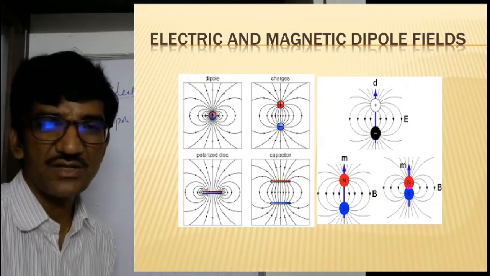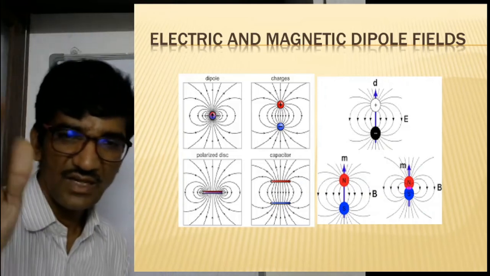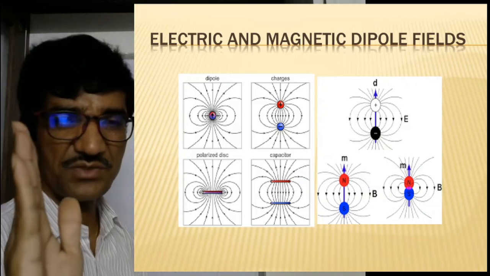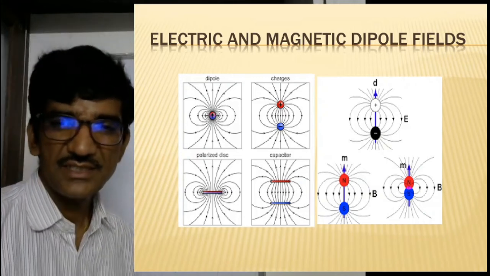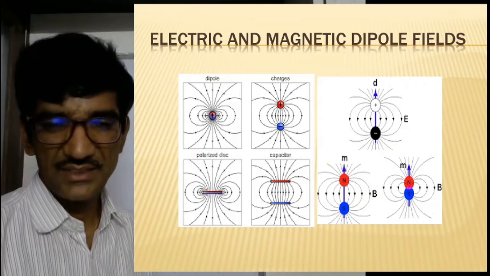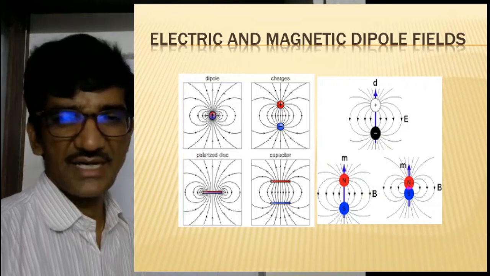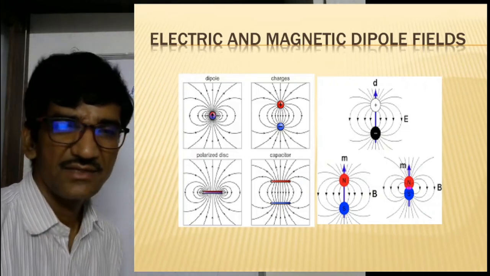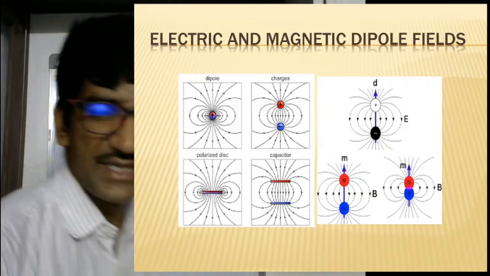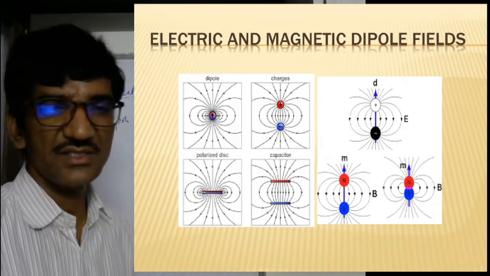In the capacitor also, consider a field line passing through the middle of the plate. Field lines are emerging from the positive plate outside, and field lines are passing through the negative plate on the other side, but in between the two plates, the field line is coming from the positive plate and entering into the negative plate.